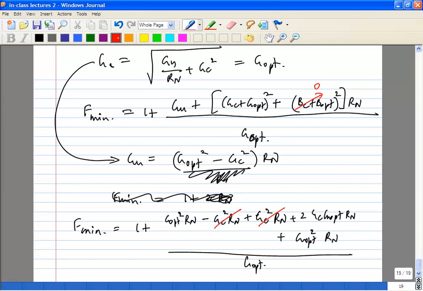Okay, and then you can combine terms to simplify this a little bit further. So obviously you can cancel out this G opt with this G opt, the square and the square. What does this leave you with? 1 plus Rn is a common term to all of them, right? Rn times 2GC plus 2G opt, right?